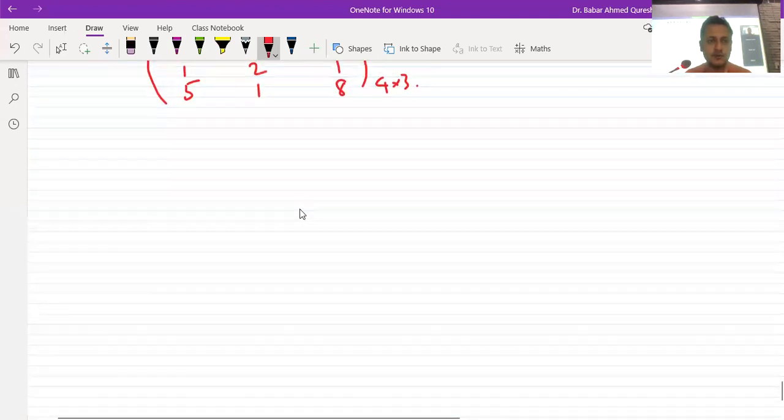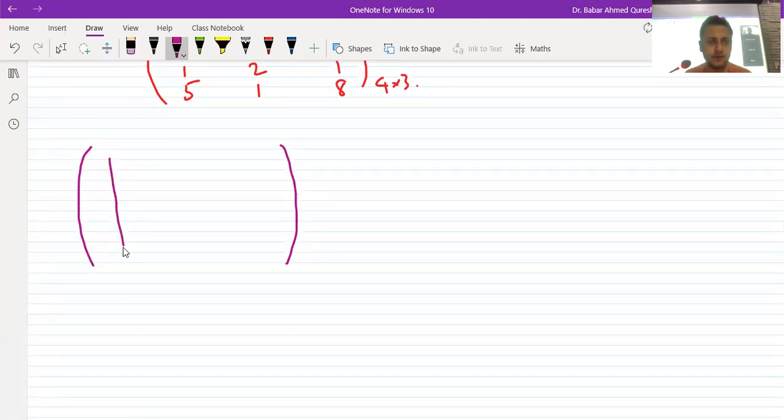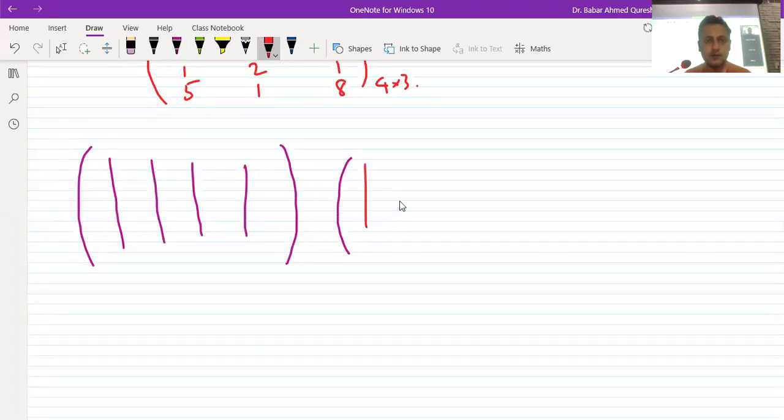So let's write it symbolically first. You have column, column, column. And in this one as well, you have columns. And our instruction was to start picking up components from this column and keep making linear combinations of all of these.